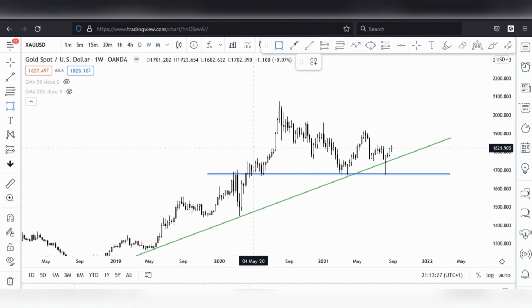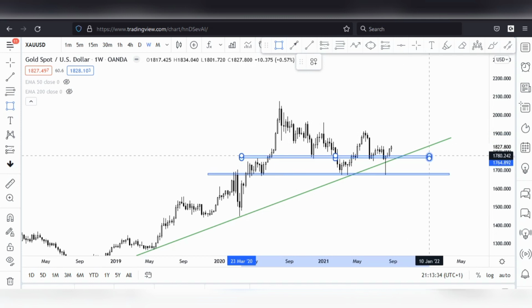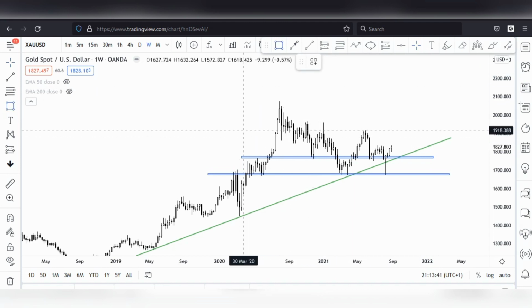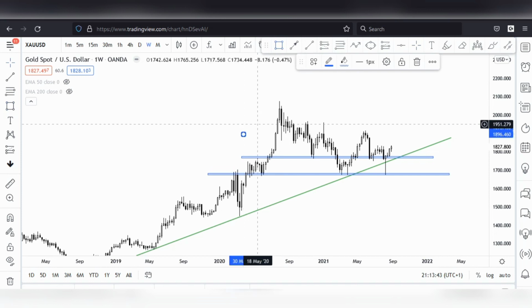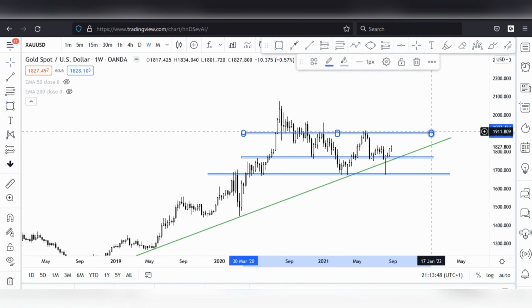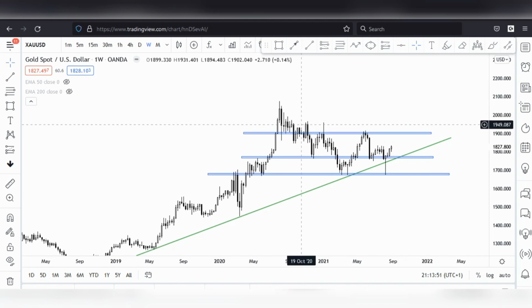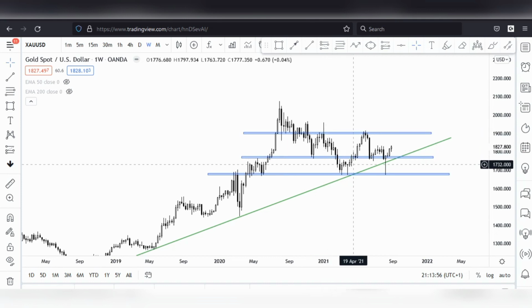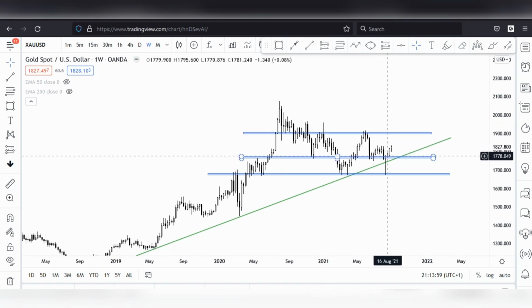Okay, so there's one area here that has been broken. You can see it, that's here. Okay, another area is this one over here. All right, and you can see that price tested it here, broke it, came and just danced around it a little bit, tested it here, came down, tested it again, and our price is heading towards that direction.